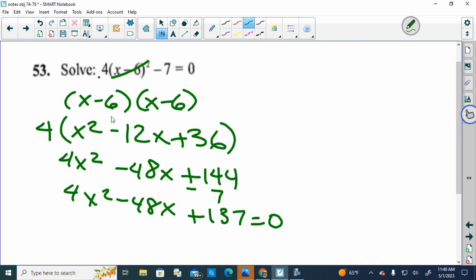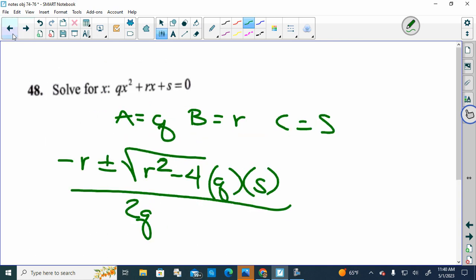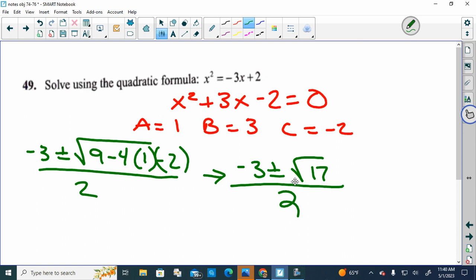Okay, so I gave you 21 to try on your own, but they'll be worth 2 points apiece. And where the 2 points come from is the positive negative thing. So you're either going to solve it with a positive, solve it with a negative. Sometimes you'll get two different answers. Other times, if it's like the square root ones where they don't simplify down, your two answers are right here.